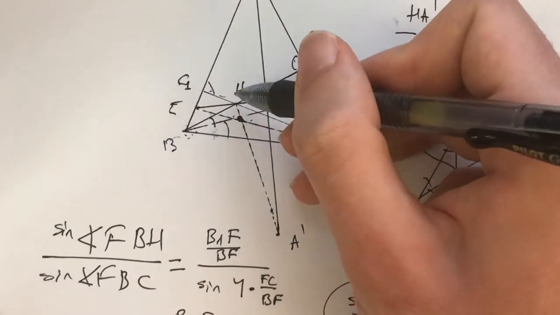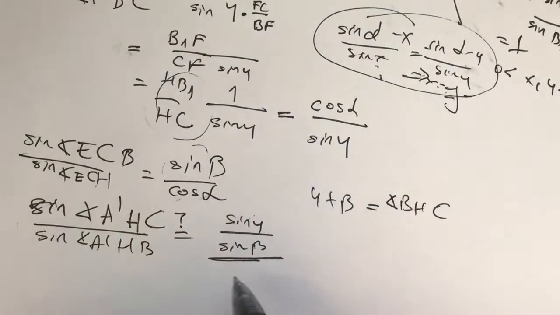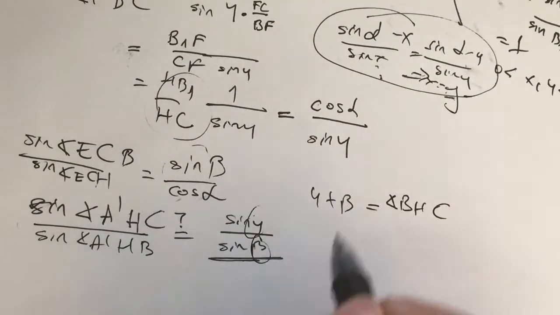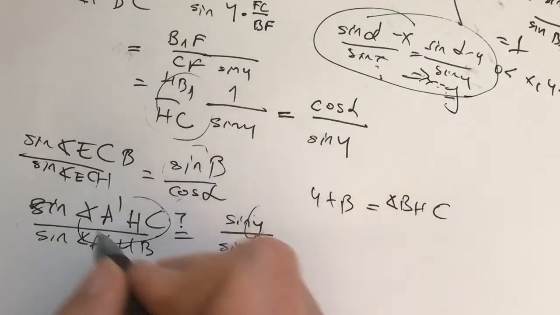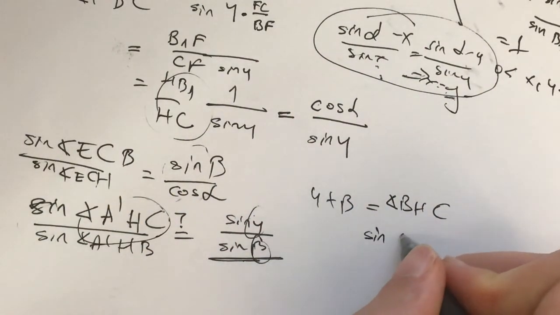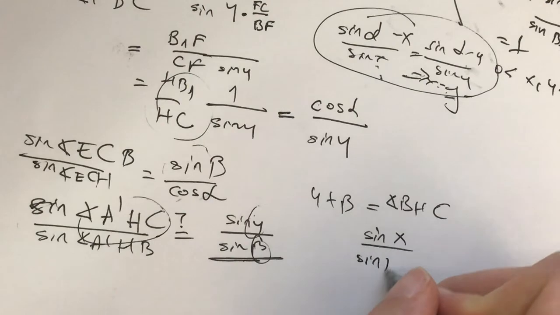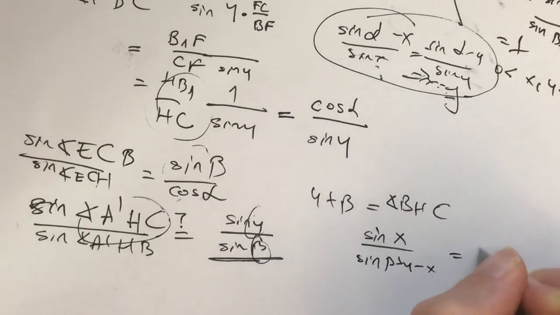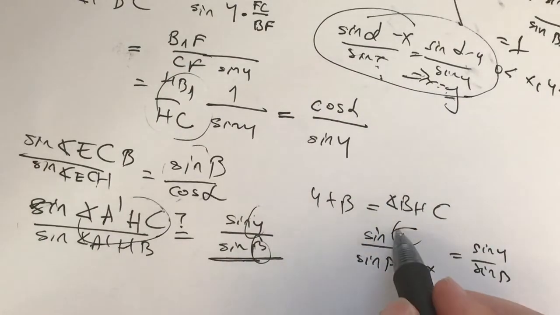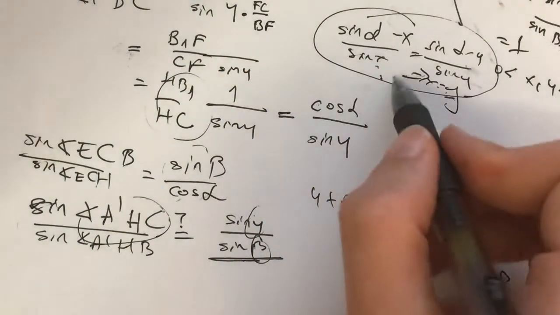Here, because this is gamma plus beta, we would have sine of x over sine of beta plus gamma minus x is equal to sine of gamma over sine of beta. We need to find x, and x is obviously gamma, just knowing this trig rule.